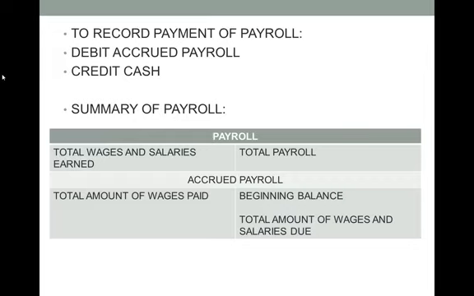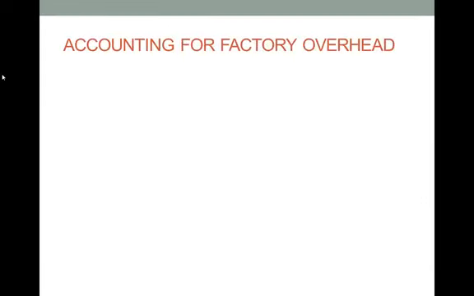That is the accounting procedure for labor, under discussion of job order costing. Next, the third in the total manufacturing cost is the accounting for factory overhead, or sometimes called indirect costs, or manufacturing overhead.